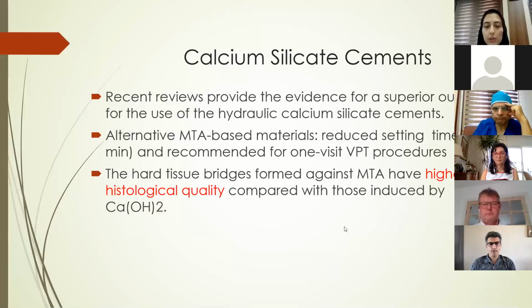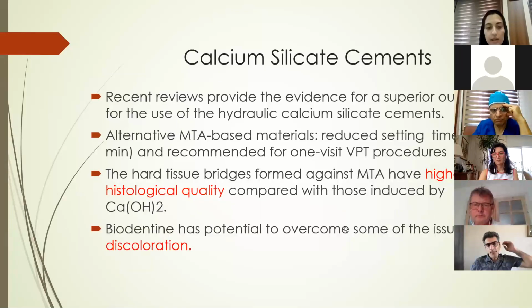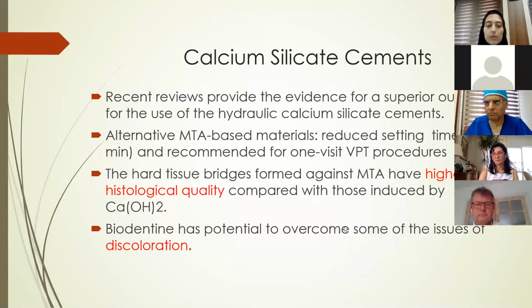The hard tissue bridge which is formed against this kind of materials has higher histologic quality compared with calcium hydroxide, and Biodentine has potential to overcome some of the issues of discoloration. We had the problem of discoloration with these cements, but Biodentine has tried to overcome this problem.